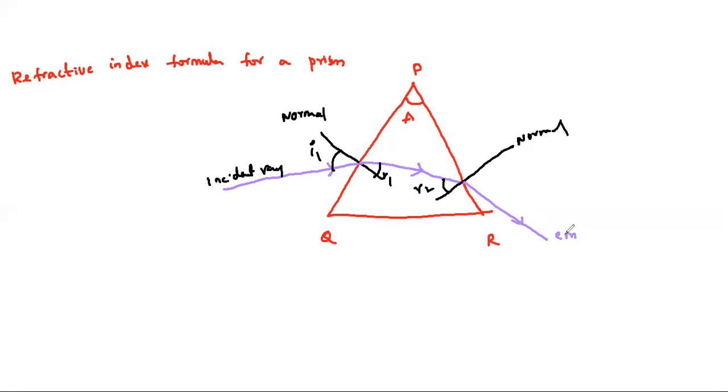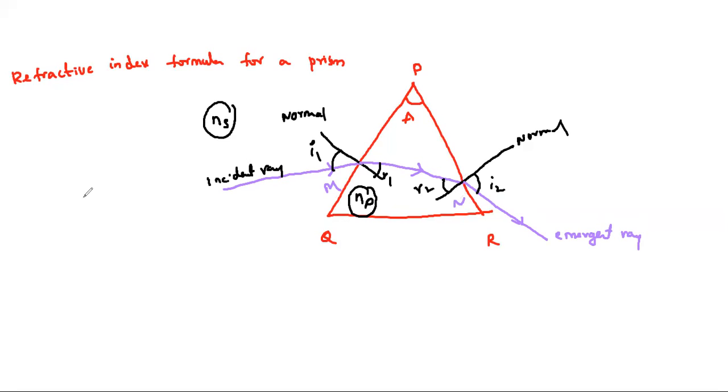This ray is called emergent ray, and let us name it as MN. Now the angle between the emergent ray and normal is considered as I2, and also consider the refractive index of the prism is NP and NS is the refractive index of the surrounding medium.